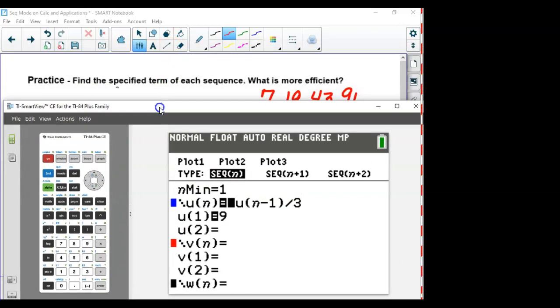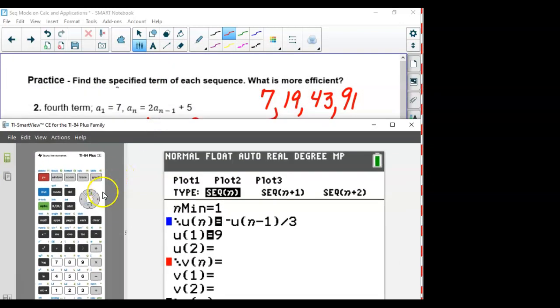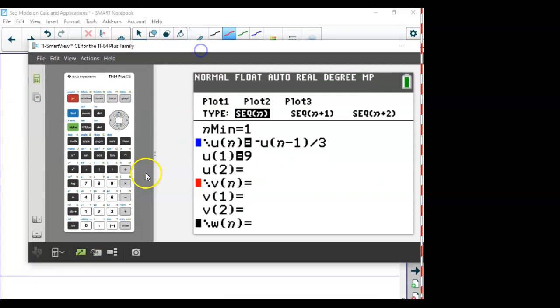All right, they told us term 1 was 7. So we're going to need a 7 down here underneath the formula, but the formula says 2 times the previous term. So to put in 2 times the previous term plus 5, we would go 2, second 7, parenthesis, and minus 1, close parenthesis. That's not a distributing, that's just the notation that the calculator uses for the previous term.